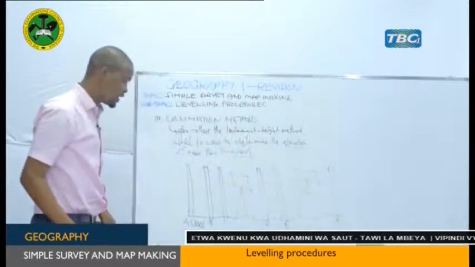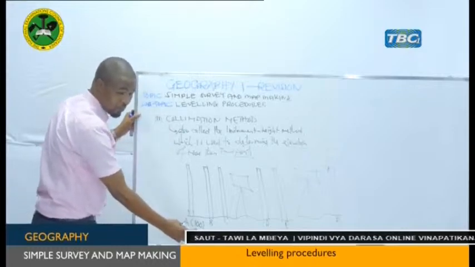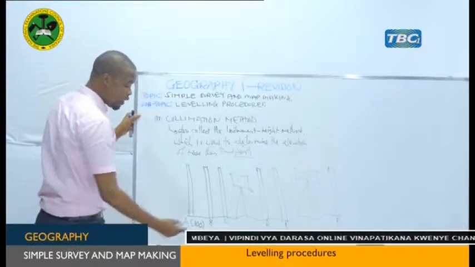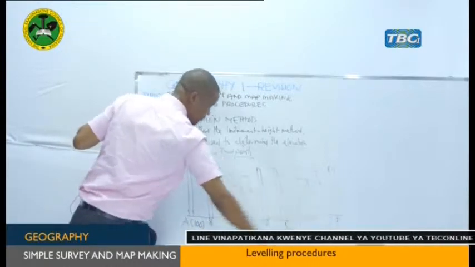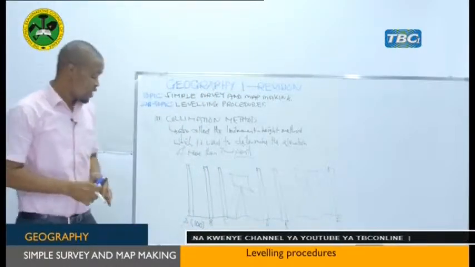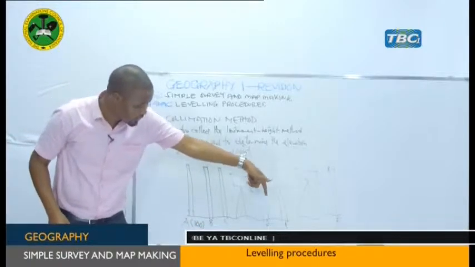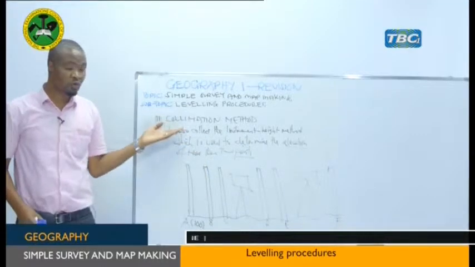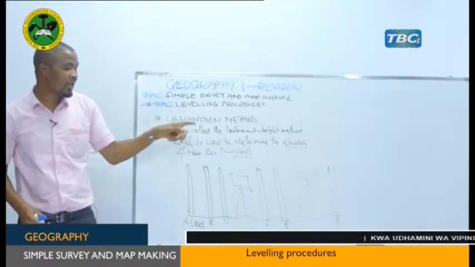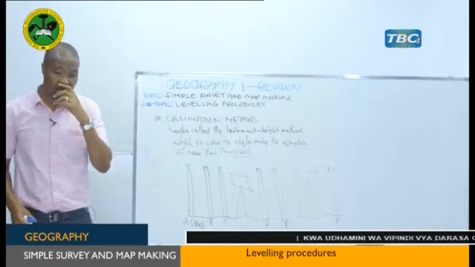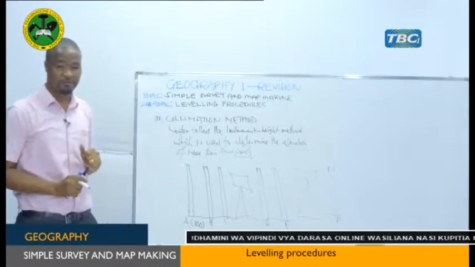Listen to me very carefully. Sometimes you find that you are given just this one point as a known point. So how are you going to determine the elevation of B, C, D, E, and F? If you want to determine the elevation of B, C, D, E, and point F, you have to use the instrument height method, or the collimation method. You must find the height of collimation.